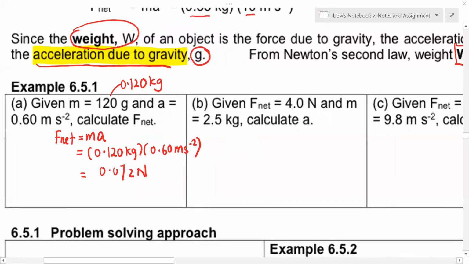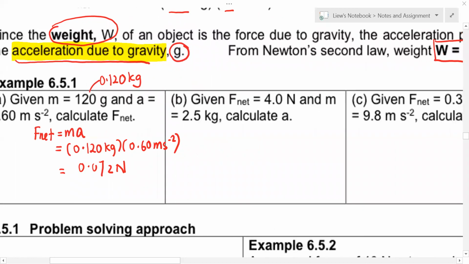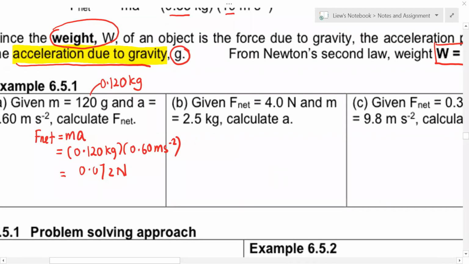B. Given F net is 4.0 newtons and the mass is 2.5 kg, calculate A. So in terms of equation, again, we're applying F net equals MA. This time around A is the unknown, make it the subject. So A is F net over the mass.